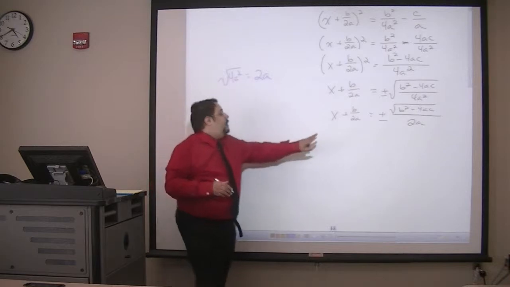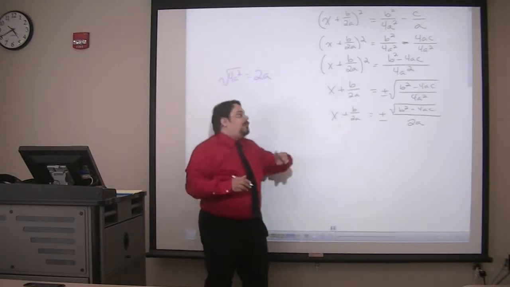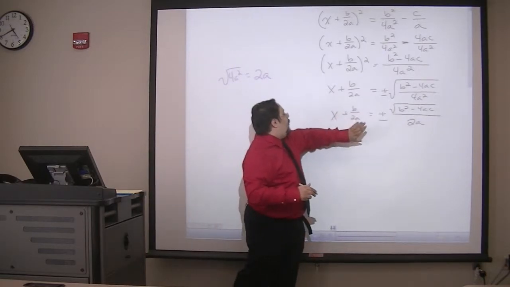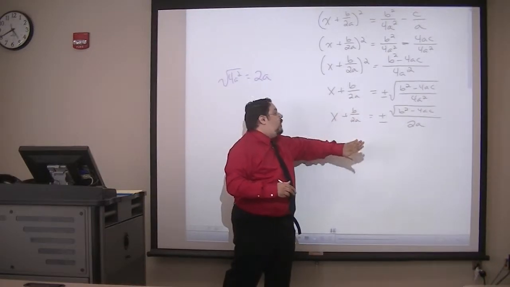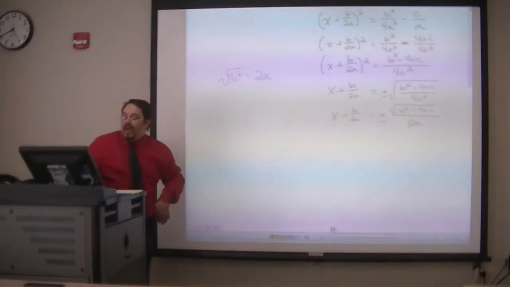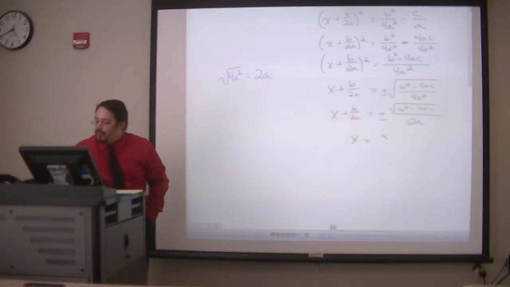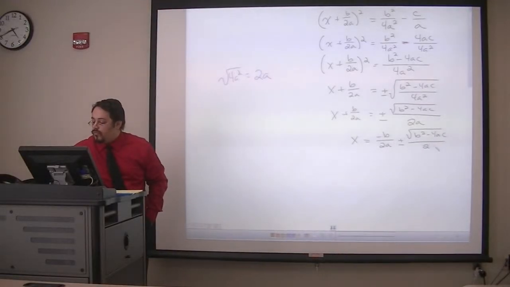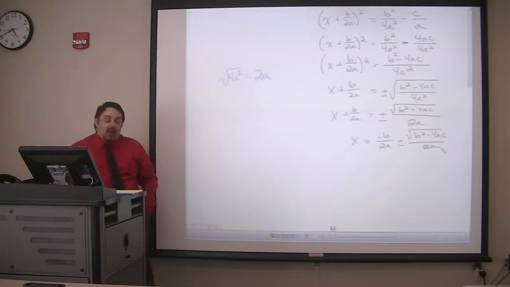So here we're almost done, because remember our goal is to get x by itself. And we have x in a term by itself. So all we have to do now is subtract this b over 2a over to the right-hand side to get x on one side by itself. Alright, so we're almost done.